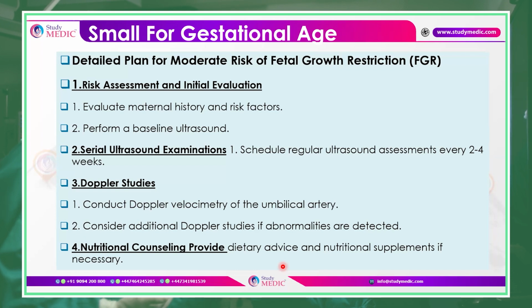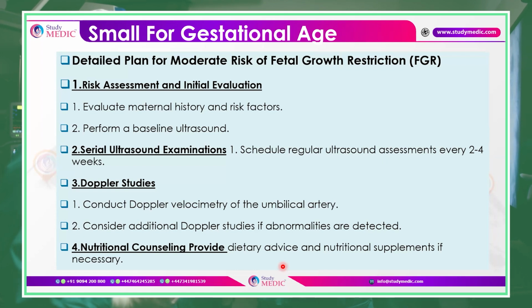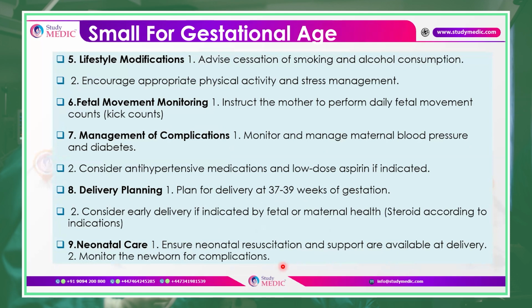We can conduct Doppler velocimetry of the umbilical artery, and we can consider additional Doppler studies if abnormalities are detected. Nutritional counseling: provide dietary advice and nutritional supplements if necessary. Lifestyle modification is important. Fetal monitoring advice should be given to the patient.